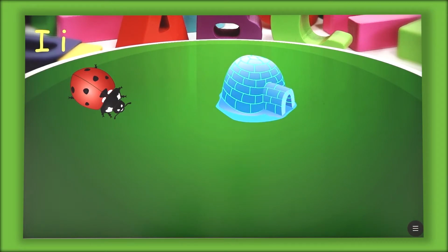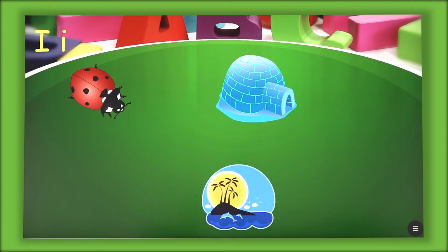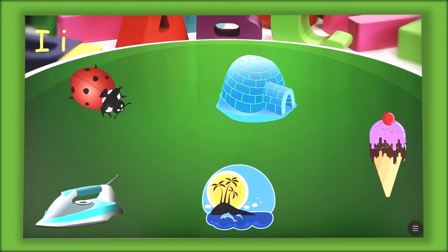Now we will continue with the next letter, which is letter I. Do you know any words with this letter? I guess you do. Let's see some words that we have with this letter. So we have insect, igloo, island, ice cream, and iron. Now let's repeat them together.